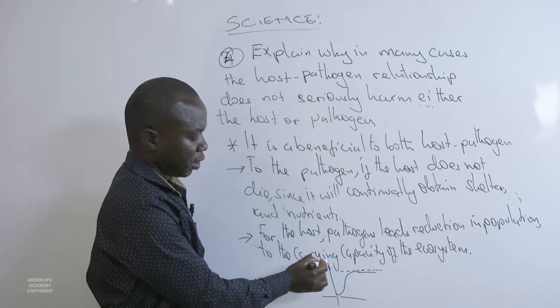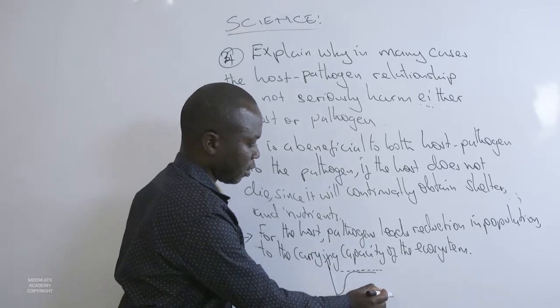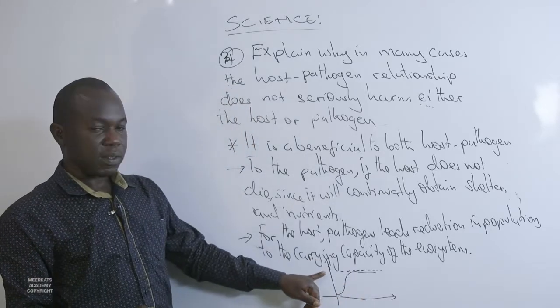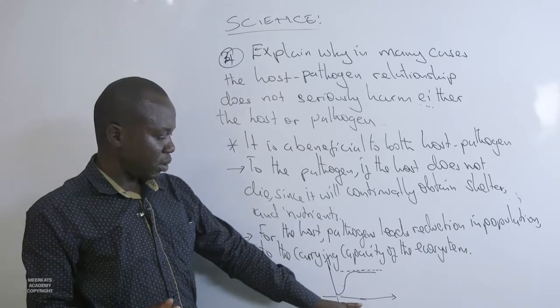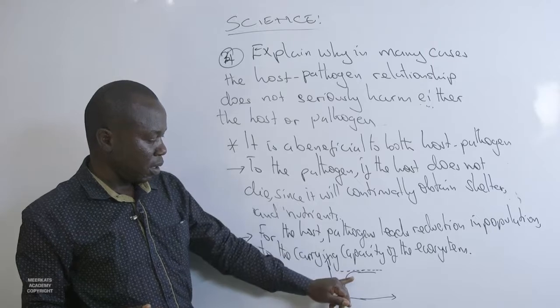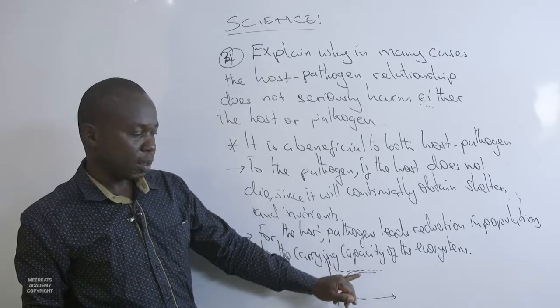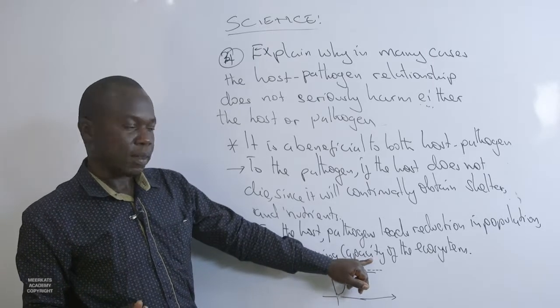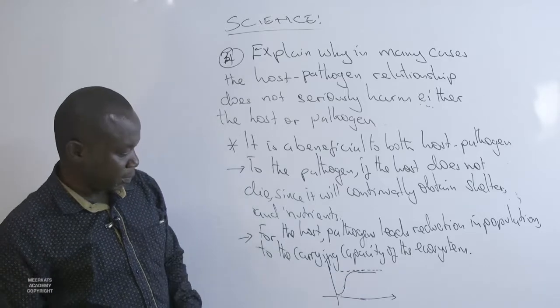So at that point, if we are drawing, I'll draw a larger one. If this axis is for population and time, that point is called the carrying capacity, where population cannot go beyond that. But if it goes beyond that, there'll be a problem in that ecosystem.